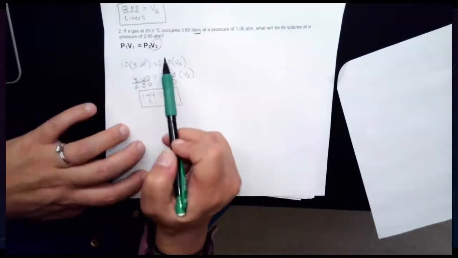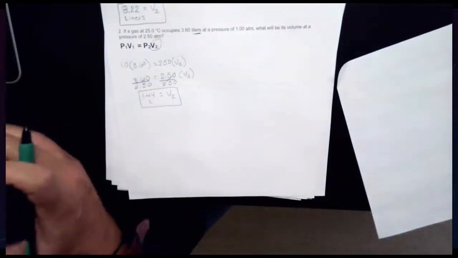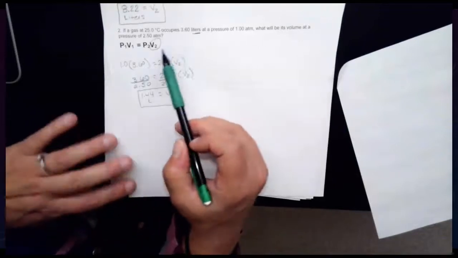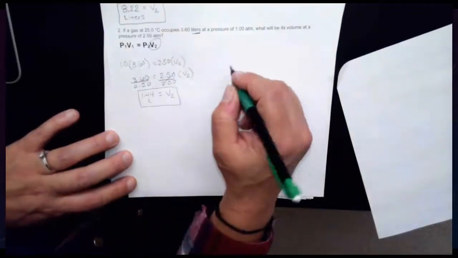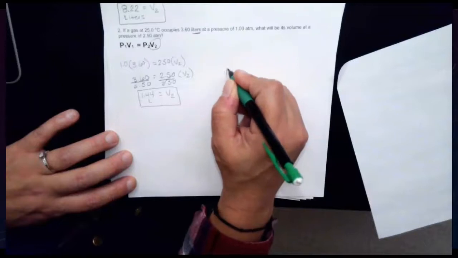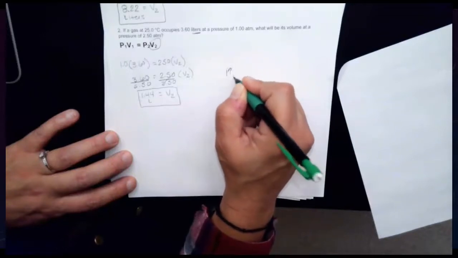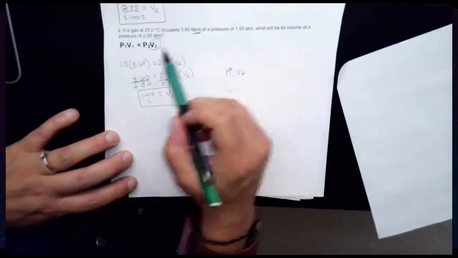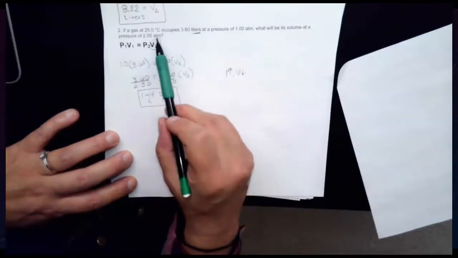So fill in what you know and solve for what you're missing. You can also check your work by thinking about what Boyle's law means. So for instance, we know that in Boyle's law, things move opposite. So if pressure increases, then volume's going to decrease, and vice versa. They're going to move in opposite directions. So just read the question.